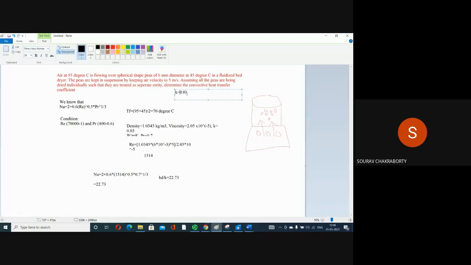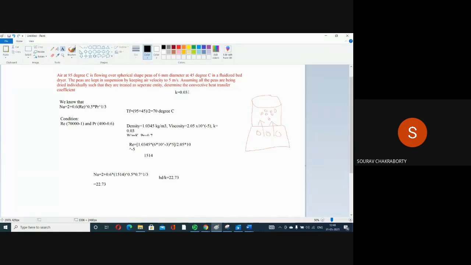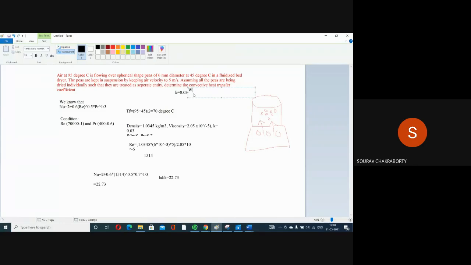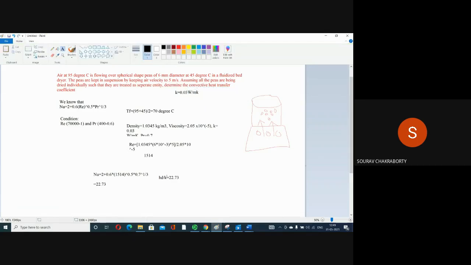Under this bulk temperature, the k value will be 0.03 watt per meter Kelvin. So by putting the values of D and k in this equation, we can easily find the value of h.